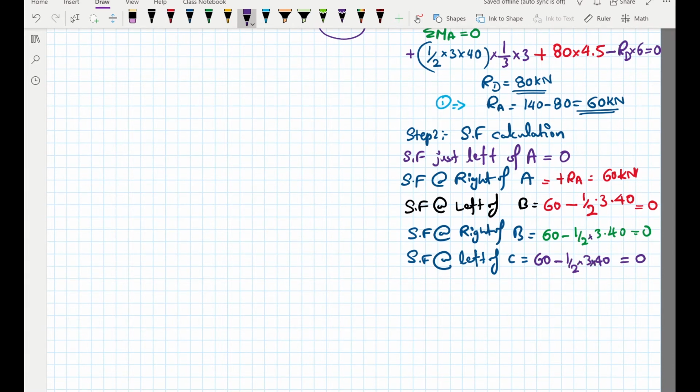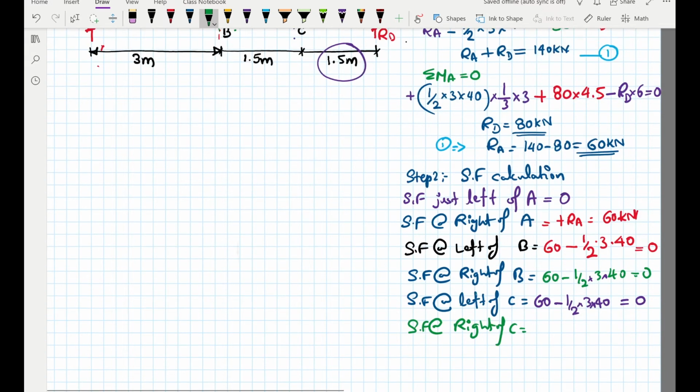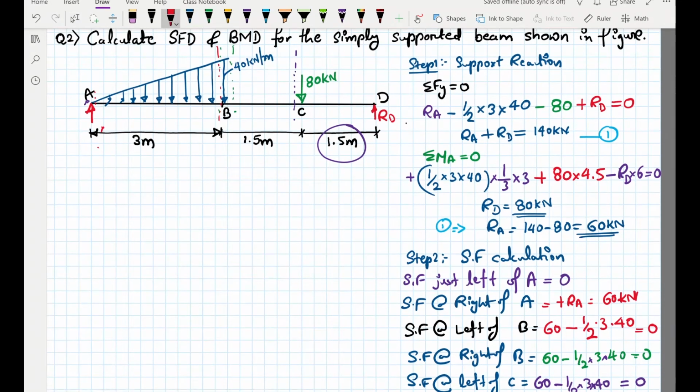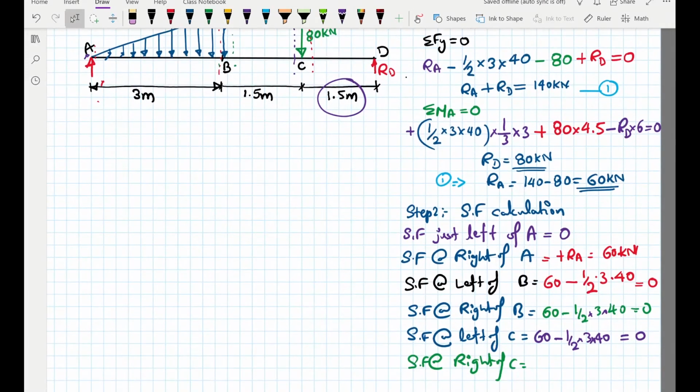Then finally, if I take shear force at right of C, if I take one section somewhere here just to the right of C and consider the left portion of that particular section, RA is acting upward, I will take it as positive, minus half into 3 into 40.